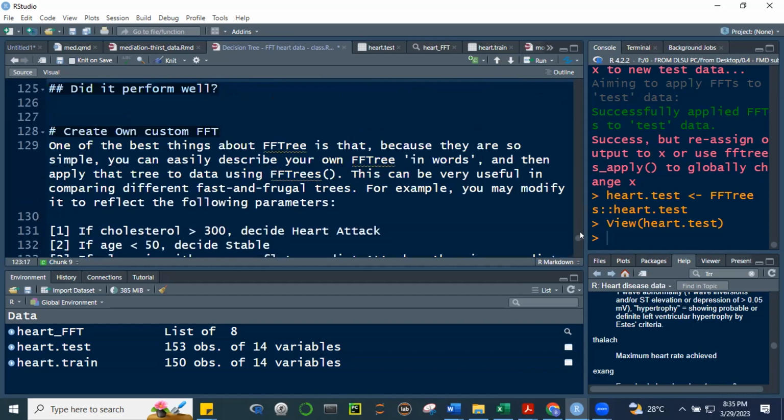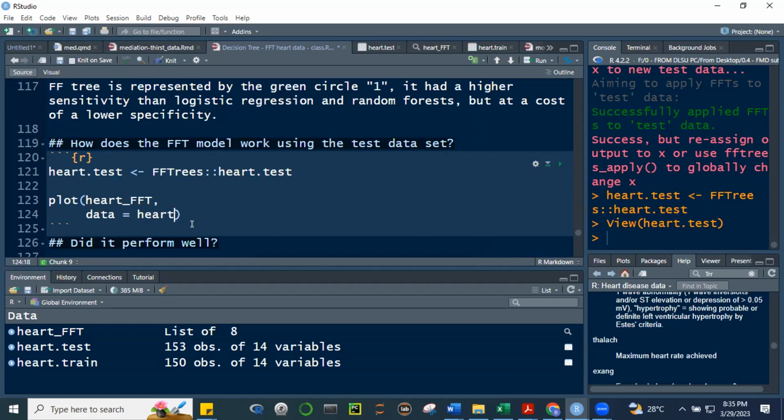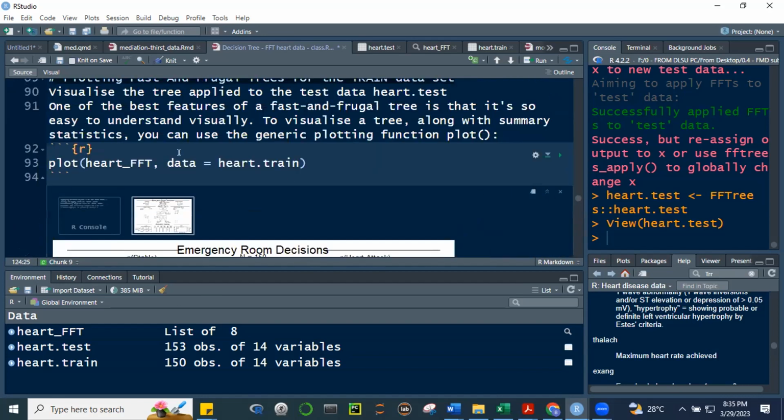Okay, so that is our model, right? And then our data is equal to heart.train. So here, we're going to run it. Is there a coach? There isn't, it has no coach.